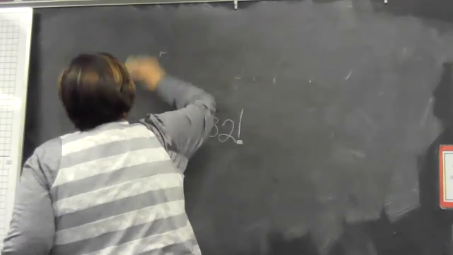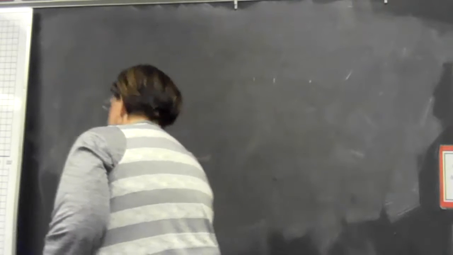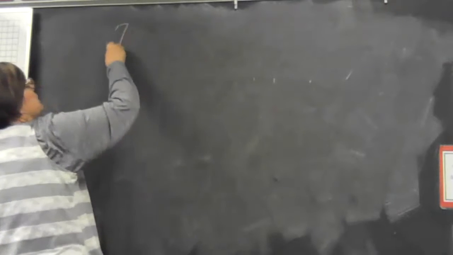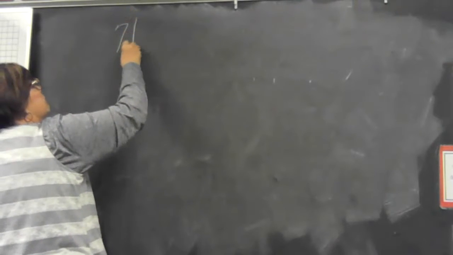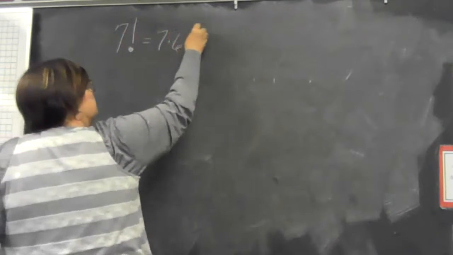Now let's try both ways, because we don't know if you're going to have to do it by hand. I'd like you to do 7 factorial by hand first. I didn't give you a big one. It's going to be 7 times 6.